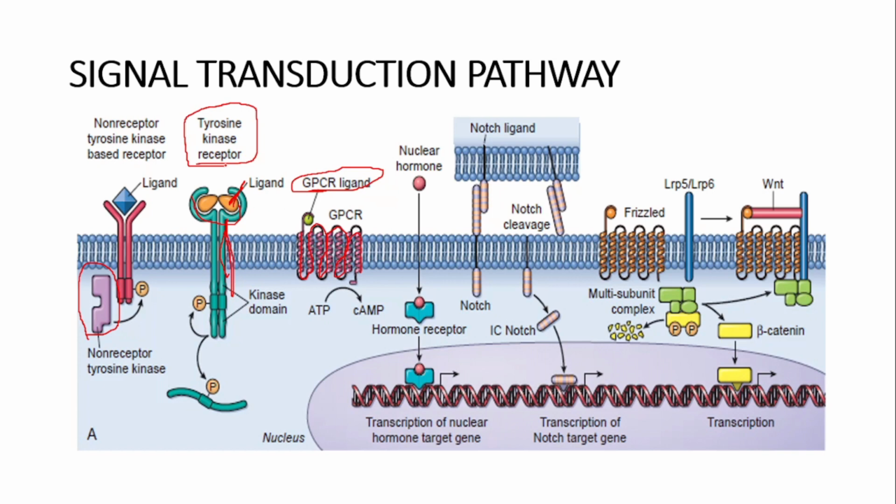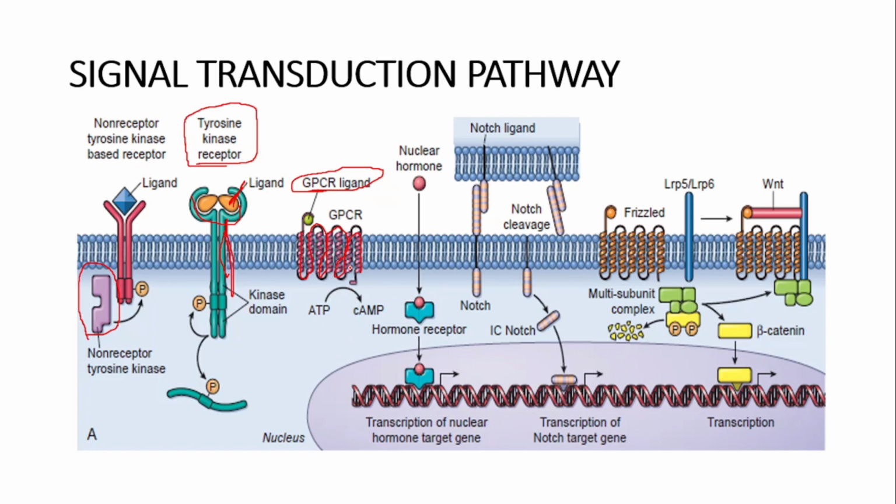It traverses the plasma membrane 7 times, and after binding to this ligand, GDP is converted to GTP in the downstream. This results in the generation of cyclic AMP and adenosine. So where GDP is converted to GTP and ATP is converted to cyclic AMP, thereby releasing the calcium, and this transcription takes place.